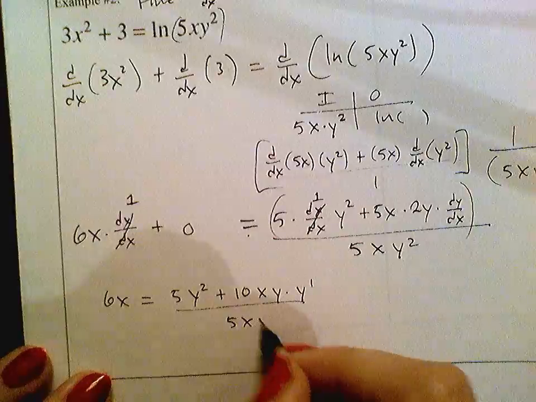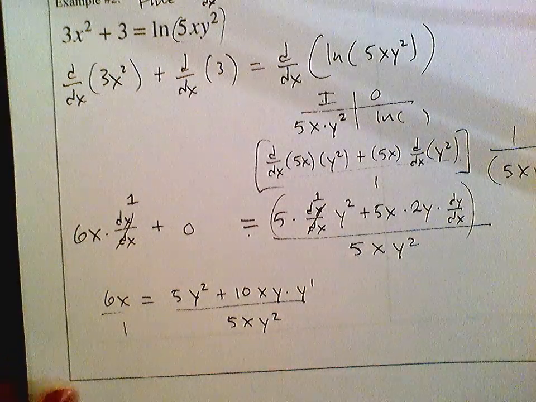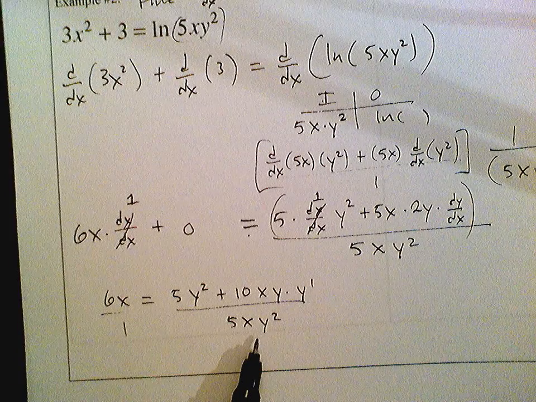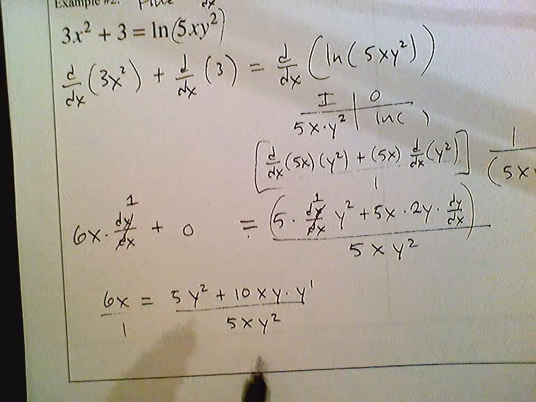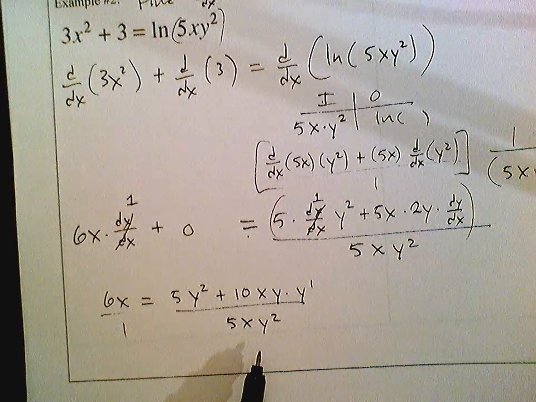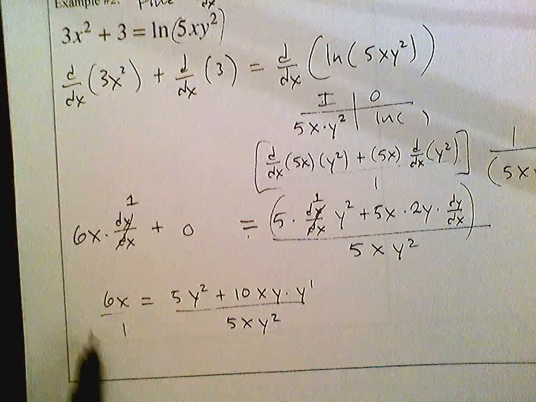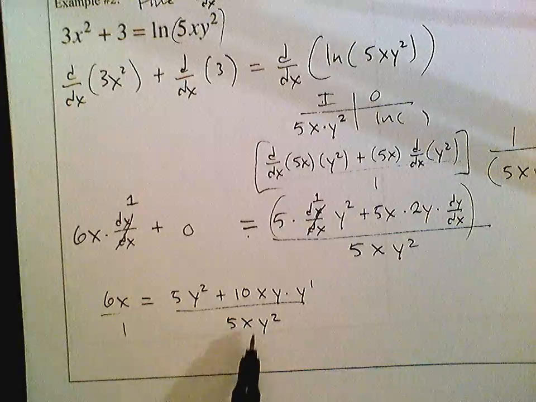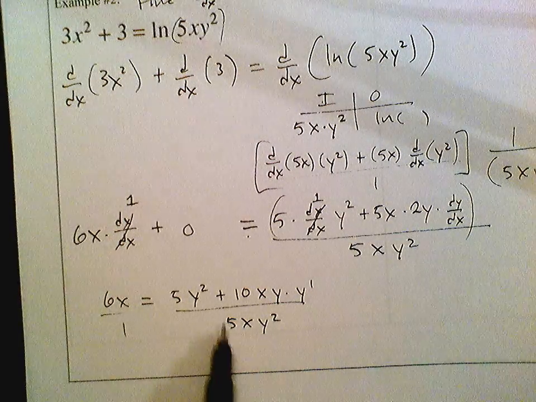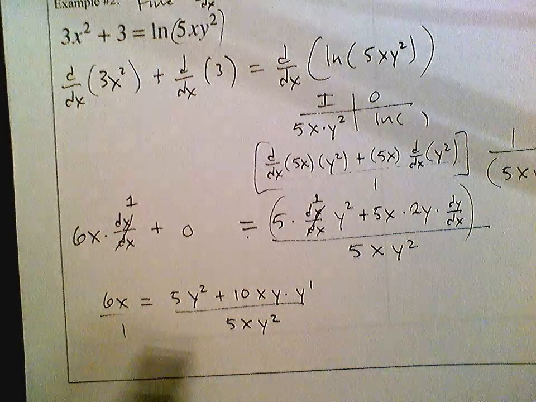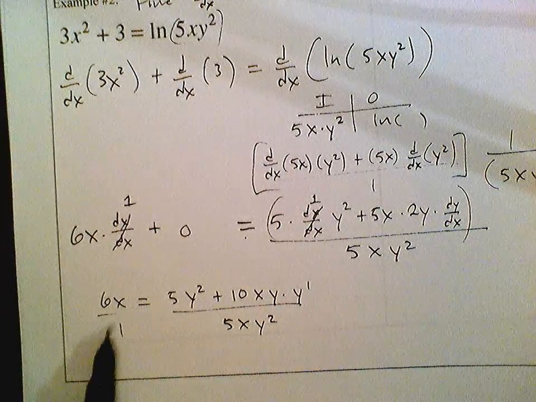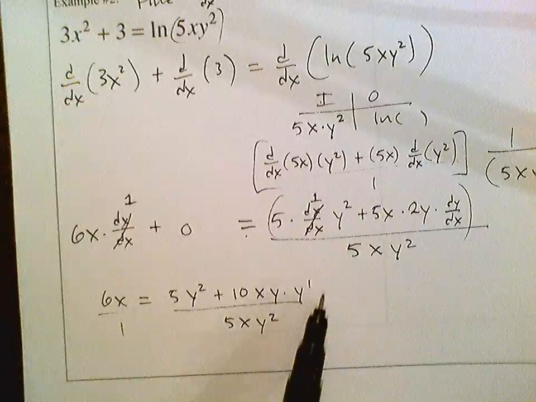all over 5xy squared. However you want to think of it, you could put that over 1. You could multiply both sides by 5xy squared, or you could get common denominators and then cancel the denominators. I'm just going to cross multiply. Okay, so this is going to get multiplied up to the other side's numerator, and this 1 gets multiplied up there.